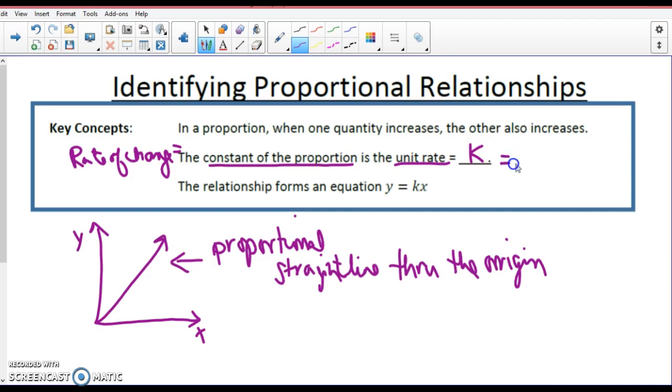Now, you find K by doing Y over X. You need to know that. And I'm telling you right now, your homework tonight, you need to know the constant of proportionality is Y over X. This equation is how you write an equation of a proportional relationship. Y equals Kx. Now, let me show you something.